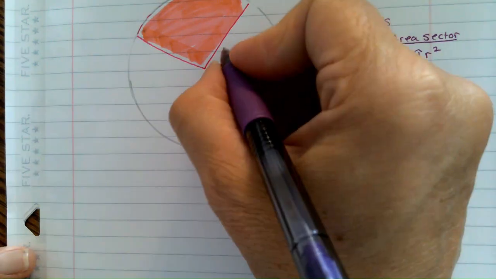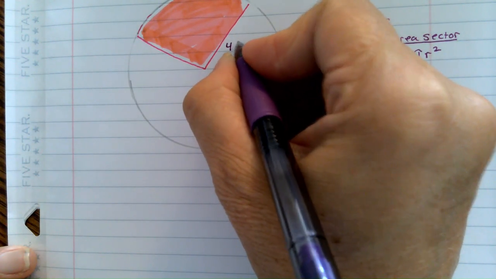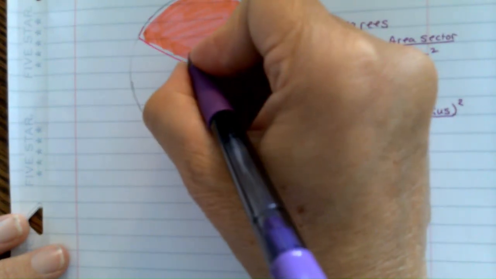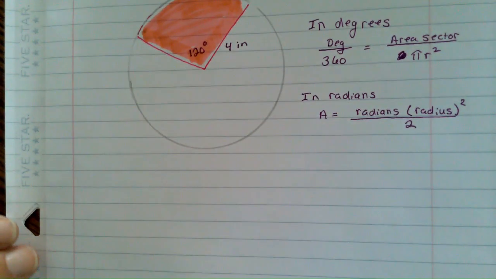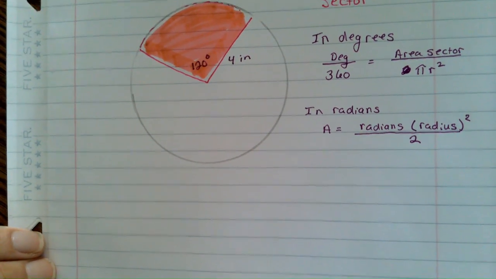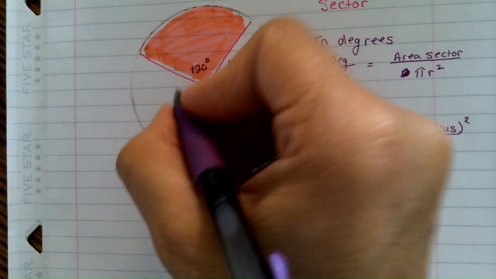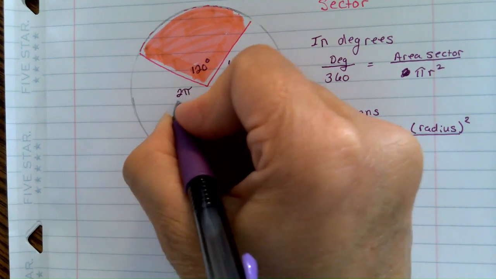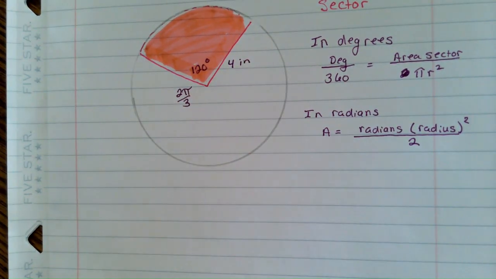Okay, so let's try that for the same angle, once in degrees, once in radians. So for both of them, we're going to have a radius equals 4 inches. And we're going to use 120 degrees. Now, if you recall, 120 degrees, that's not even 1 pi. It's 2/3 of a pi. So we're just going to show that doing it in degrees and doing it in radians is going to result in the same answer. It just depends on which format you're given.